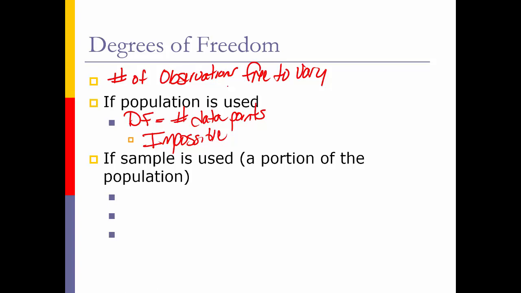So to calculate the standard deviation, if we want to find s, we need to use the sample mean to estimate the population mean. So we need to hold one parameter constant.